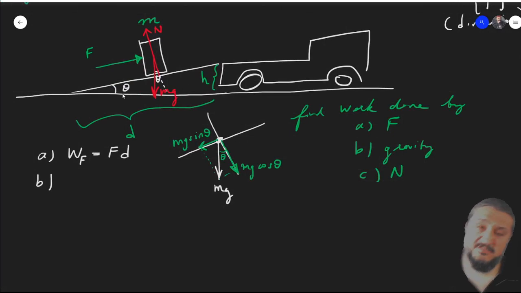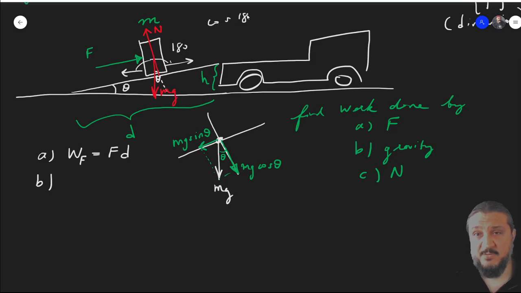So when I consider, for instance, the angle between mg sine theta, the component of the weight, and the displacement, it is actually 180 degrees. So mg sine theta points this way, but the displacement points in the other direction. So the angle between the two is 180, and cosine 180 is -1.